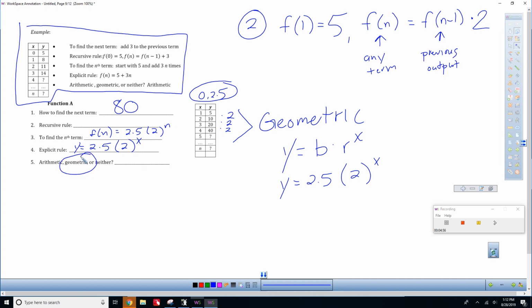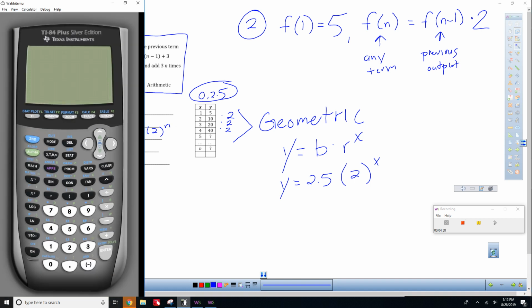Now I want to show you something. Check this out. Graphing calculator. Let's turn it on. y equals 2.5 times 2 to the x power. You see how I did that? See how this and this are the same thing?